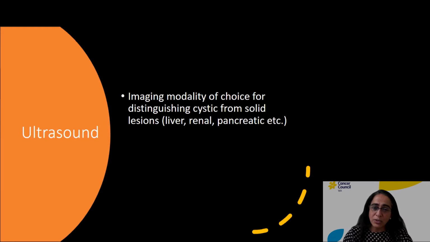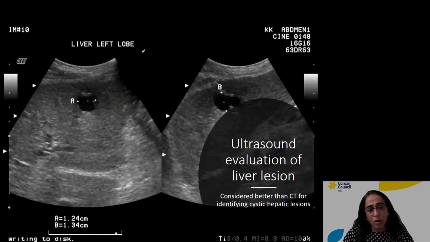So we can use ultrasound to characterize lesions in various organs, whether that be liver, kidneys, pancreas, spleen, and so forth. Here's an example of a hepatic cyst, shown as an anechoic well-circumscribed structure with posterior acoustic enhancement, indicating this is a benign hepatic cyst and it can be left alone.